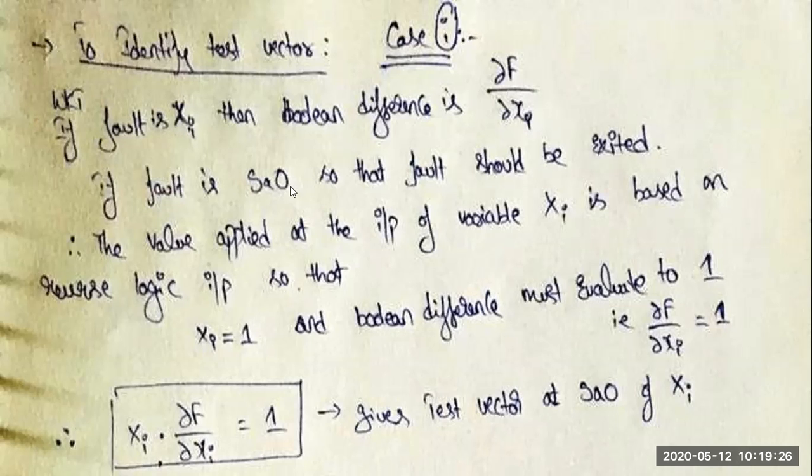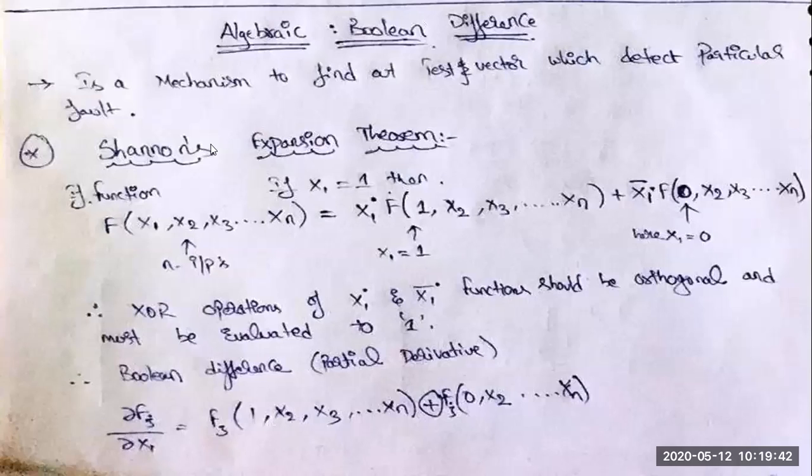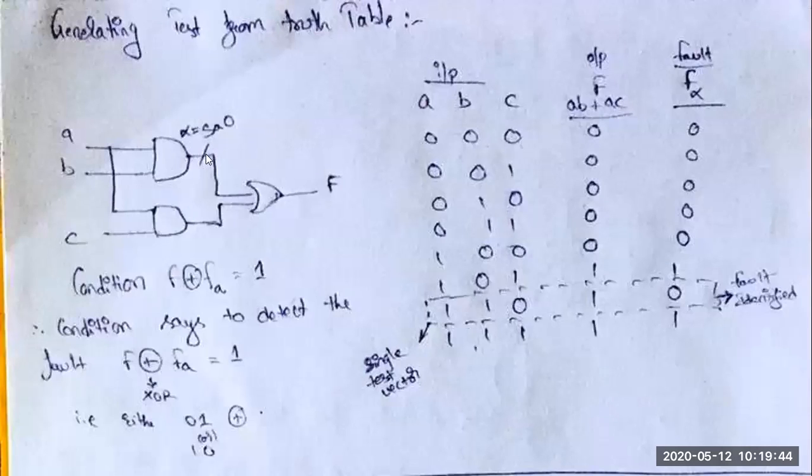If the fault is stuck at 0, then the fault should be excited. So that is the case if we have taken the stuck at 0 fault. It should be represented with the value applied at the input variable xi based on the reverse logic input. If this is stuck at 0, to determine the Boolean algebraic function you'll be applying a reverse logic.